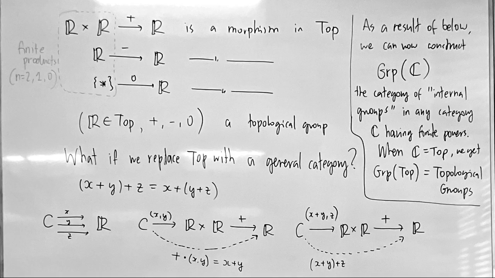Because morphisms in the category of topological spaces are continuous maps. So the same for the other 2. So this is a morphism in the category of topological spaces, and also this one.